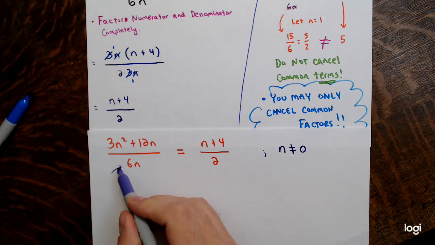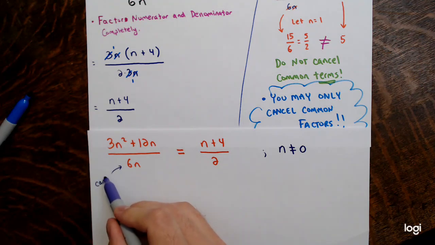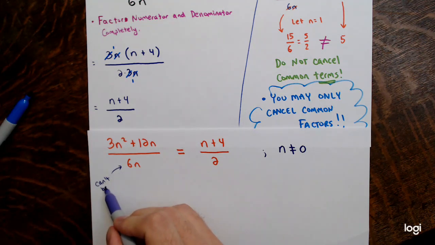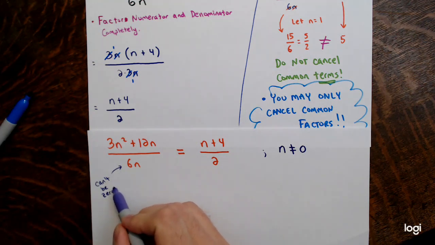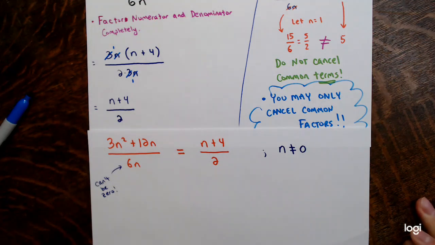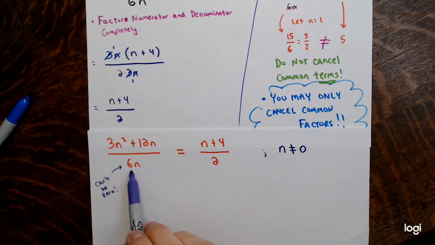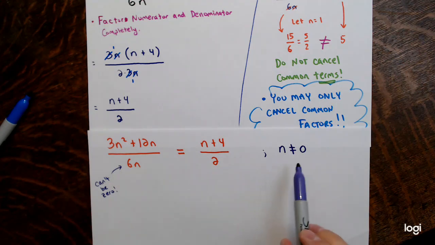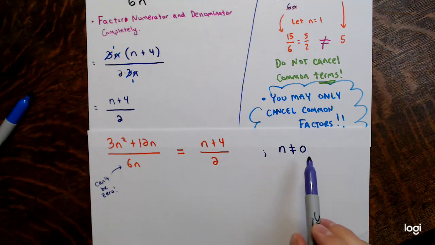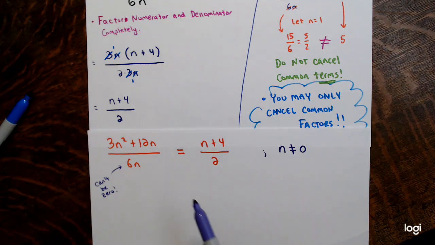So this 6n can't be 0, or you'll have an undefined operation. So when is 6 times n equal to 0? Well, that's when n equals 0. So n can't be 0. n equals 0 makes this undefined. And you can check that out.